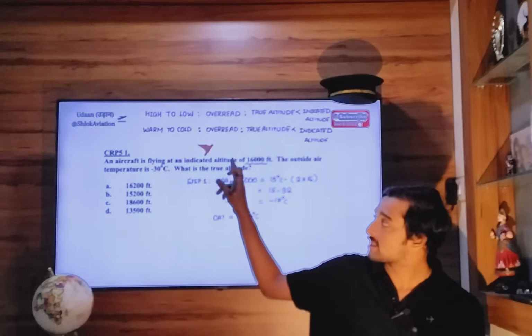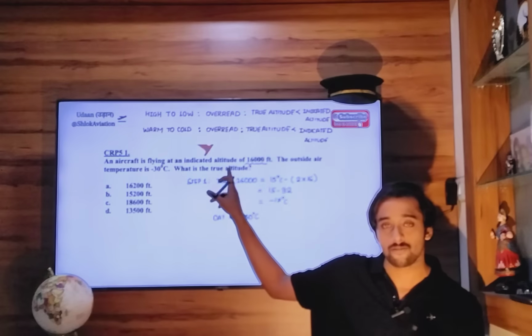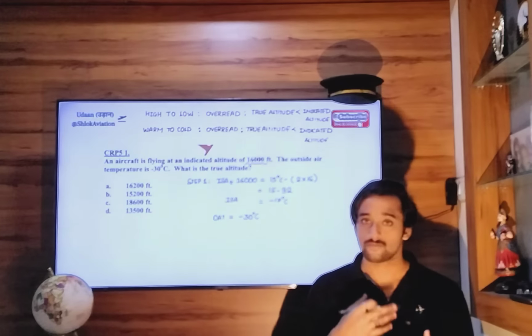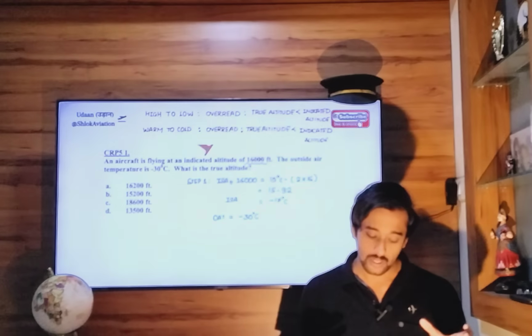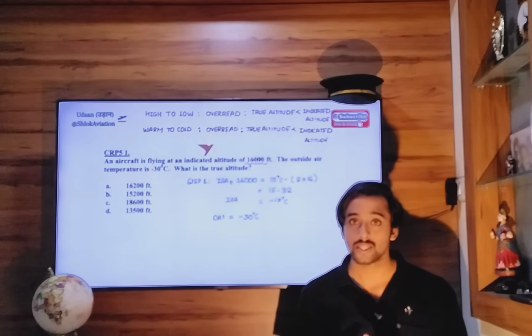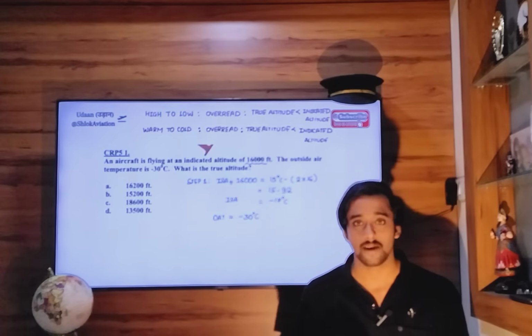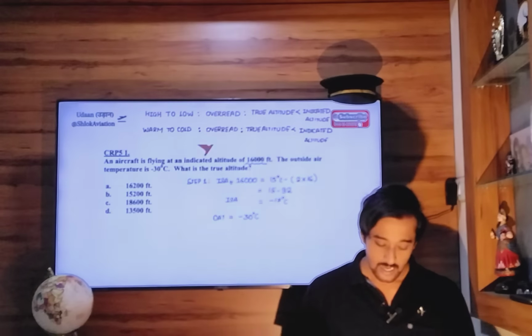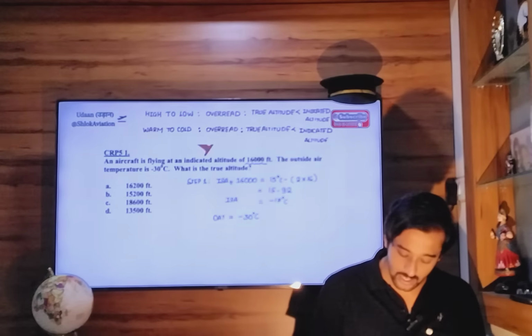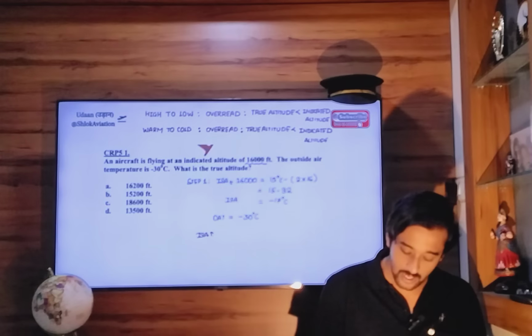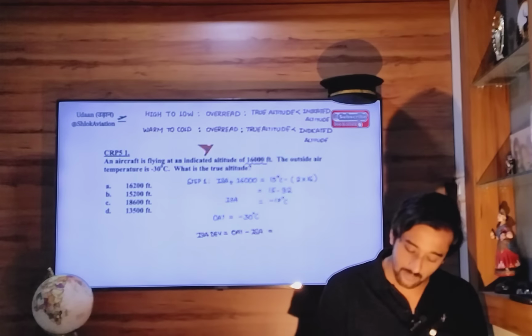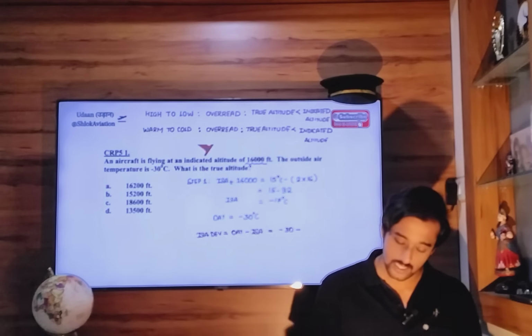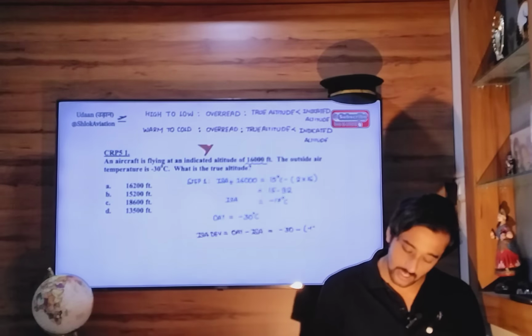That means at this altitude, at 16,000 feet where you're flying, the temperature is much colder than ISA temperature. Now how much colder? We will have to find out the ISA deviation. ISA deviation equals outside air temperature minus ISA temperature. So minus 30 degrees Celsius minus of minus 17.